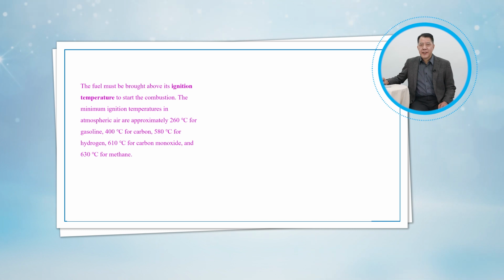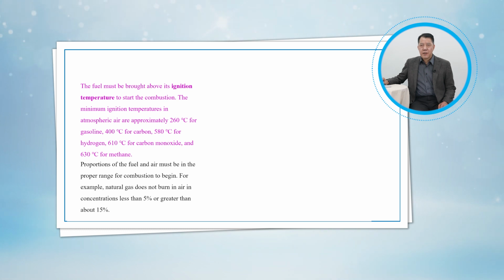The minimum ignition temperatures of various substances in atmospheric air are approximately 260 degrees centigrade for gasoline, 400 degrees centigrade for carbon, 580 degrees centigrade for hydrogen, 610 degrees centigrade for carbon monoxide, and 630 degrees centigrade for methane.